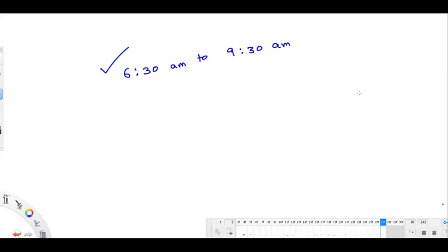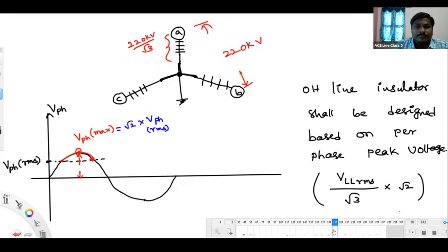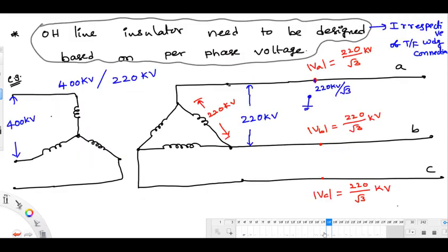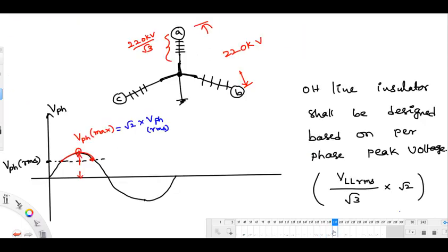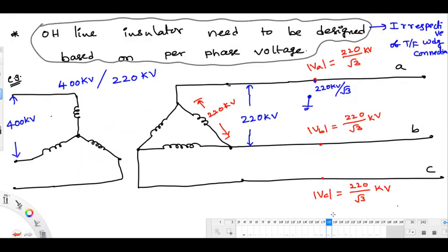Yashwant. Sir, my doubt is when you considered the selection of OH line insulation level, you mentioned the transformer connection type, slide number 18.